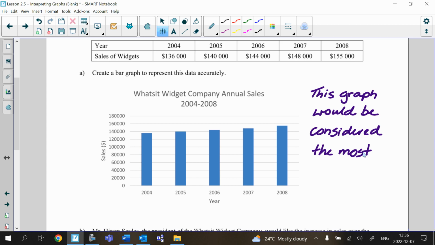We start at 0, we use a good vertical scale, and we see there's a gradual increase. Okay? But if we start fiddling around with the vertical scale.